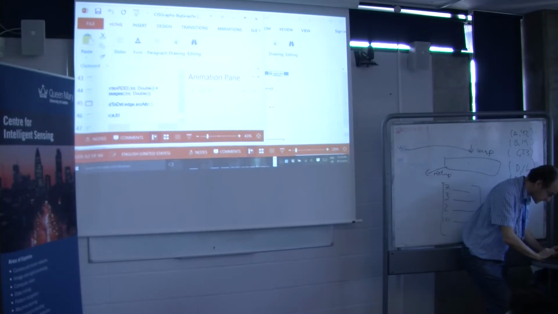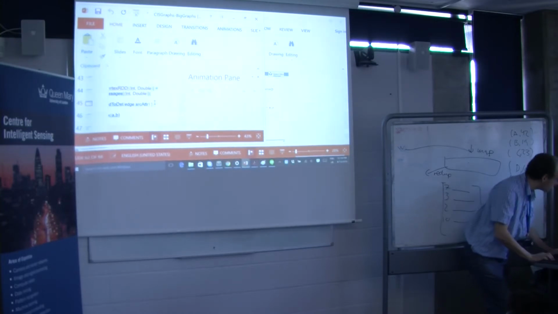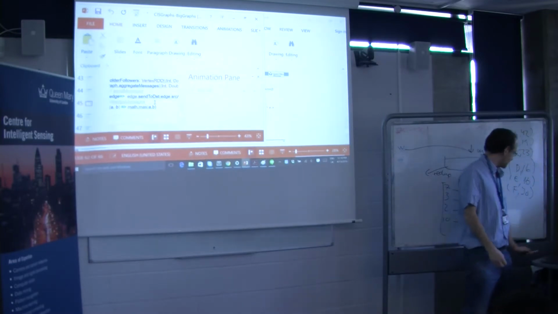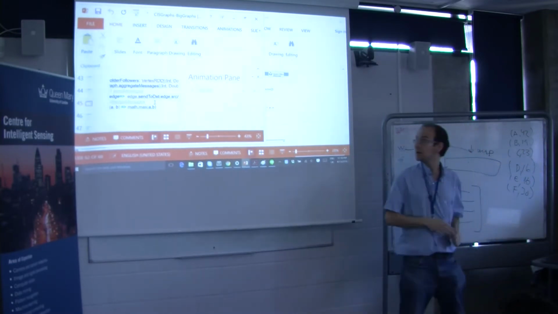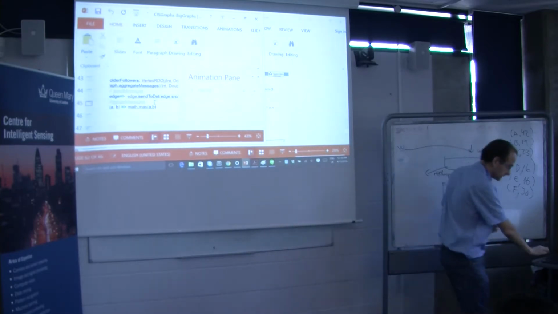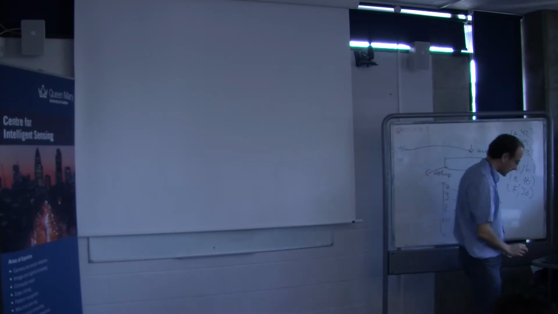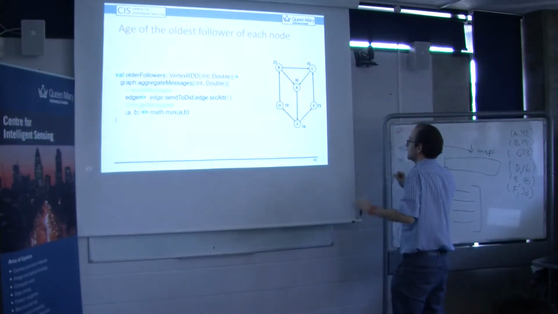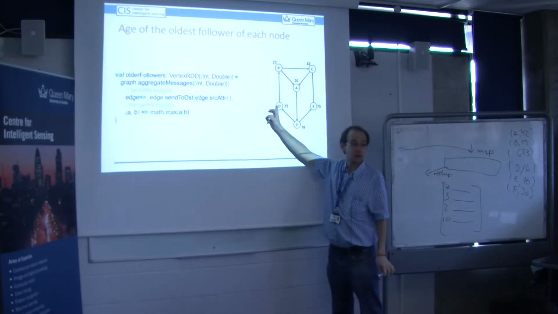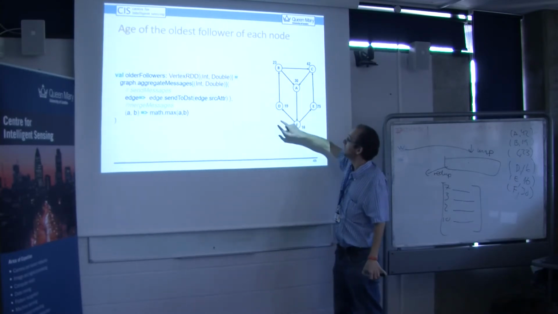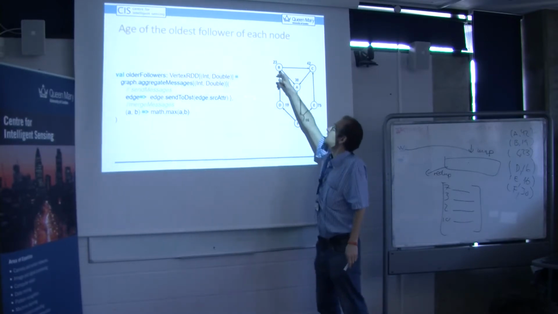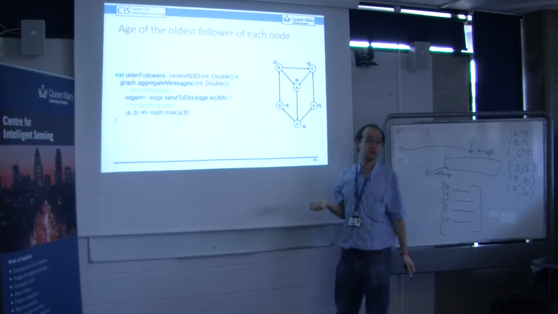Let's suppose that rather than computing the maximum, I simply want to get the in-degree. So the in-degree would be, if I look at the graph, for this node it only has one incoming link. This is an outgoing one, so the in-degree is going to be 1. For A, it's got 2 incoming links, so the in-degree is going to be 2.